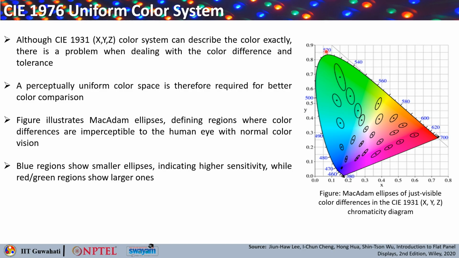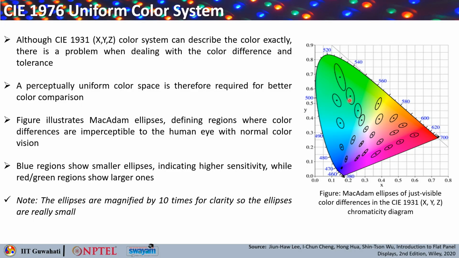Now if you observe this carefully, you will see that the blue region shows smaller ellipses, which means the range of color where you cannot differentiate is smaller. That means you have higher sensitivity here. But when you move to the red or the green zone, you can see that the ellipses are much larger.